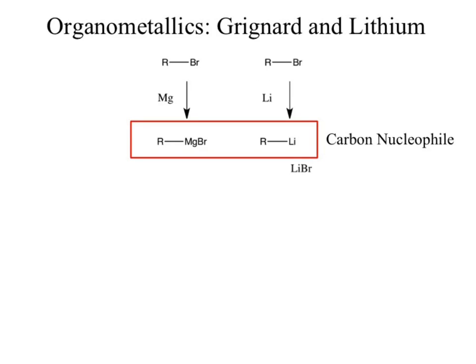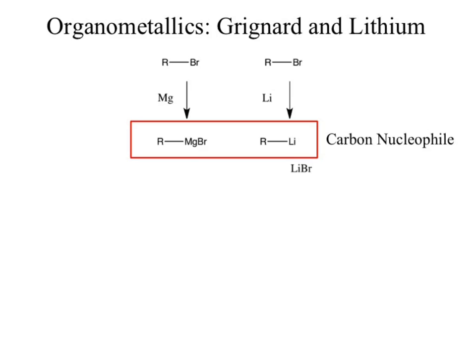There's a couple ways that we could go through and do that. We saw that with the bases. You could add straight magnesium metal or lithium metal in the presence of an alkyl halide, and that will turn into your carbon nucleophile. Why? The R group is connected to what atom in this case? Magnesium.